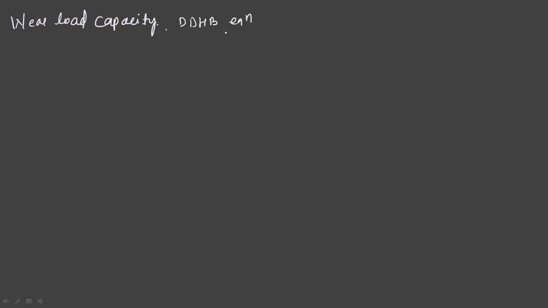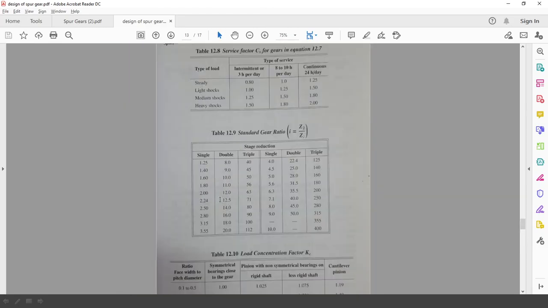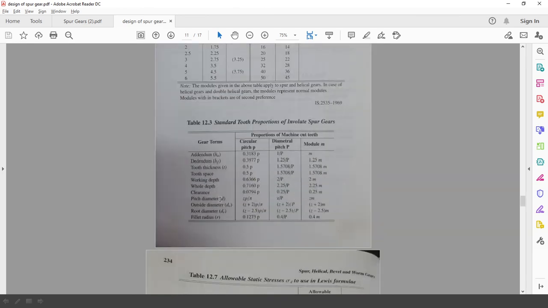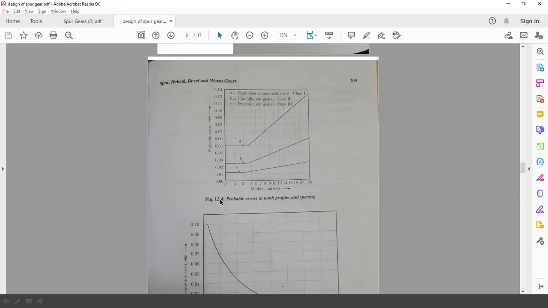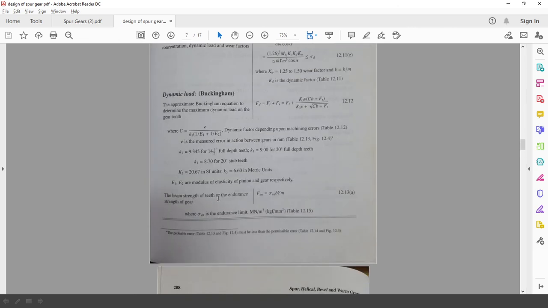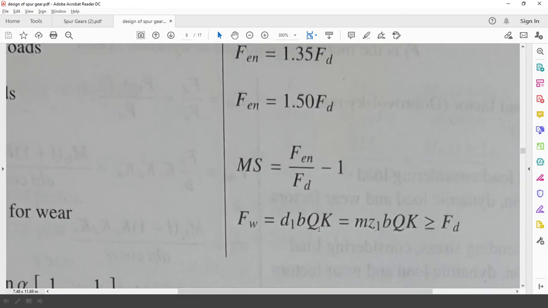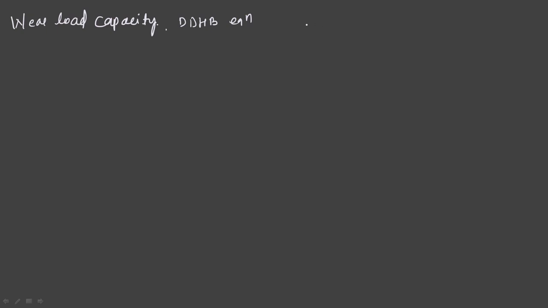So note down the equation, equation number 12.15a. So this FDW equal to D1 B capital Q into K.